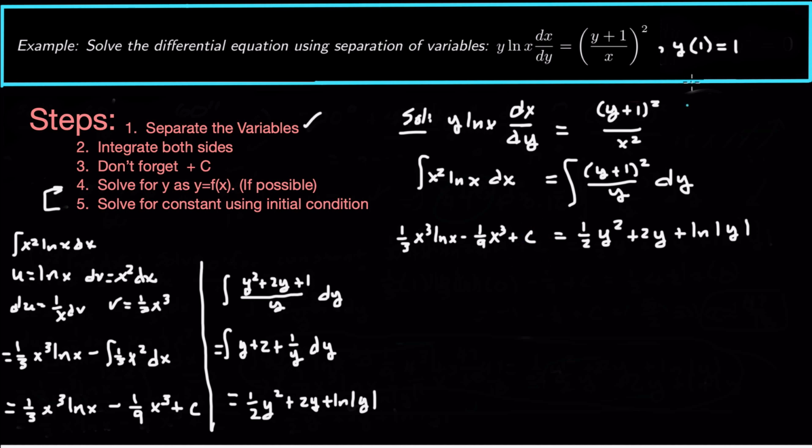Now, I have added an initial condition. So what I need to do is say, okay, if x equals 1 and y equals 1, what is c? And now I can work that out. So I'll get 1/3 times 1 times 0, because natural log of 1 is 0, minus 1/9 times 1 plus c equals 1/2 times 1 plus 2 times 1 plus natural log of 1, which is 0.